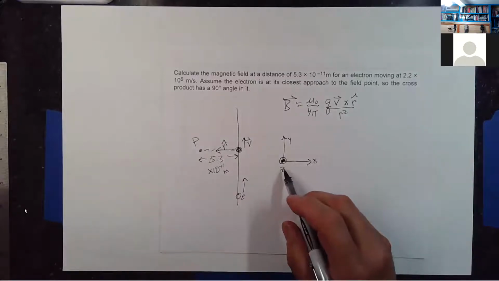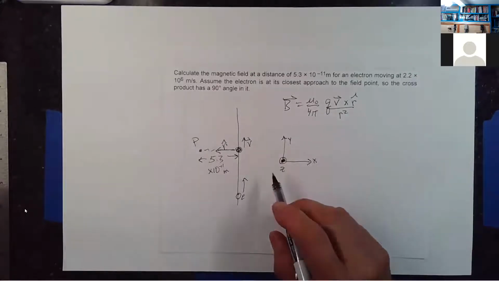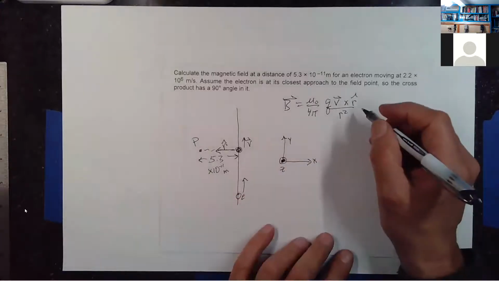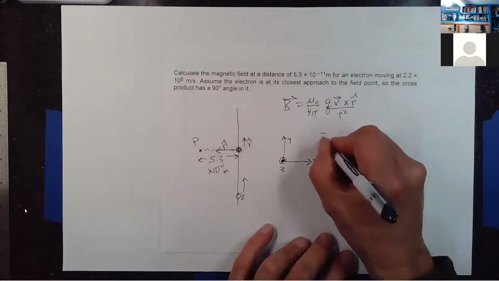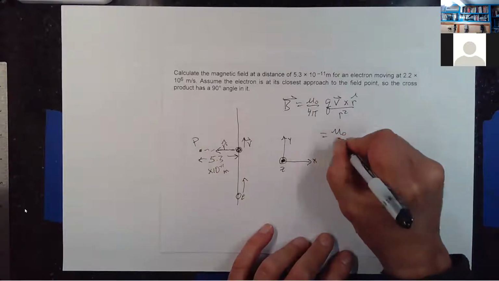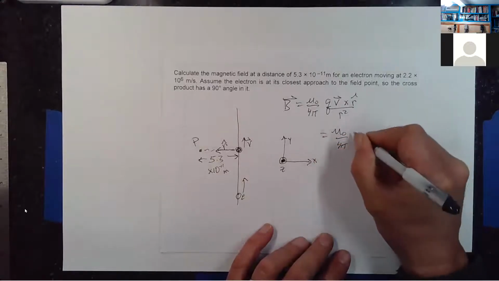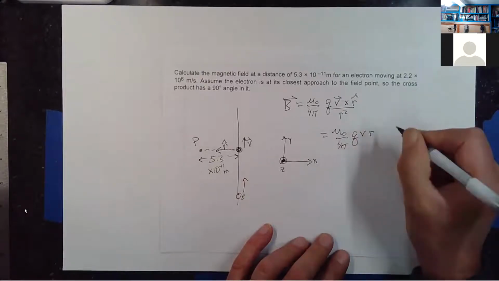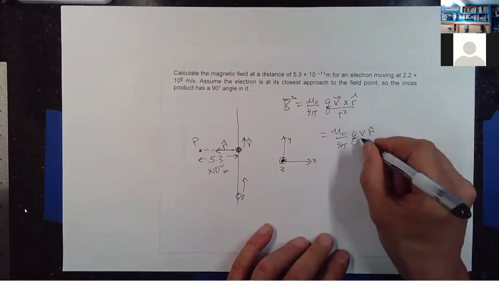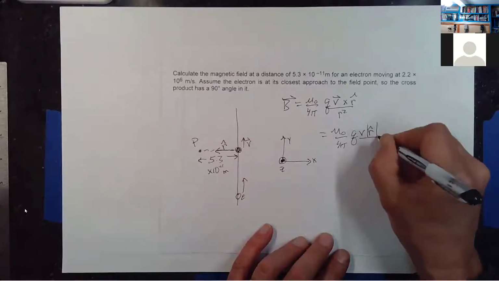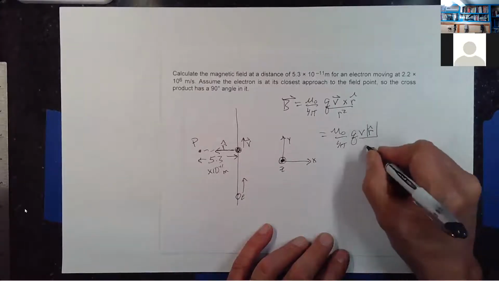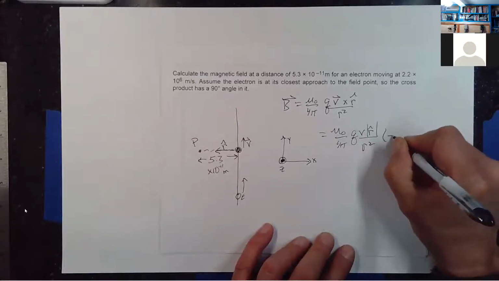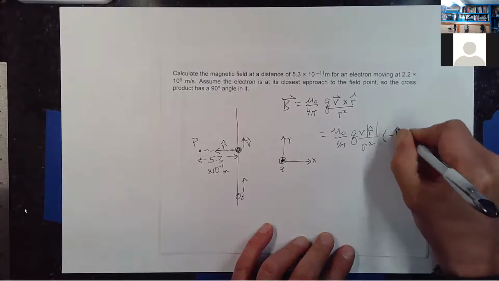But that means the magnetic field of this electron is going to be into the page, so it'll be in the minus K hat direction. So in this case, we'll have mu naught over 4 pi Q V R hat, which has magnitude 1 over R squared. And the direction is in the minus K hat direction.